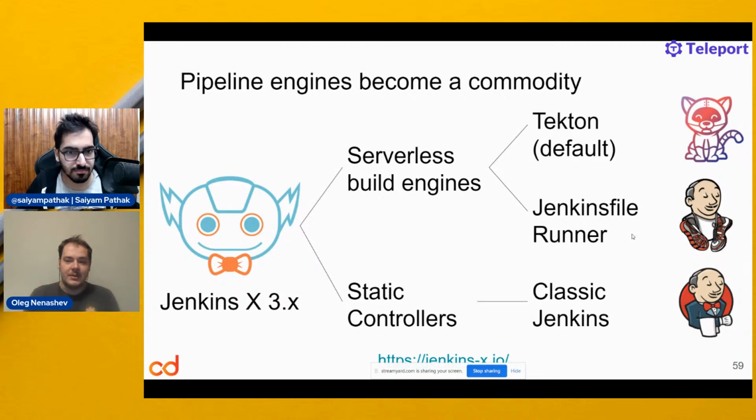It's your choice whether you want to use a fully cloud-native Tekton engine, a cloud-native Jenkinsfile Runner engine with a high level of compatibility with Jenkins, or classic Jenkins, which is not cloud-native but provides all Jenkins functionality. We're also working now on Tekton support inside Jenkins directly, so Tekton becomes one of the possible pipeline engines managed by Jenkins. The diagram is going to be even more interesting going forward.